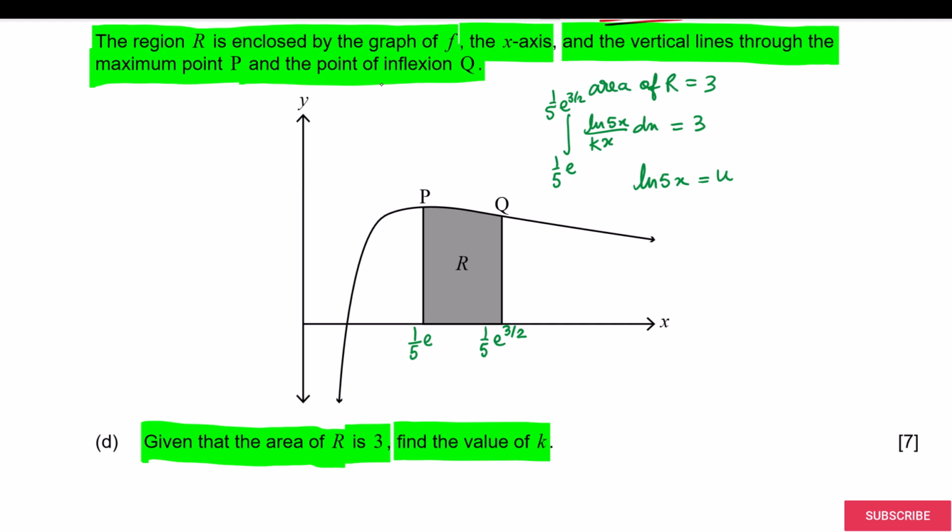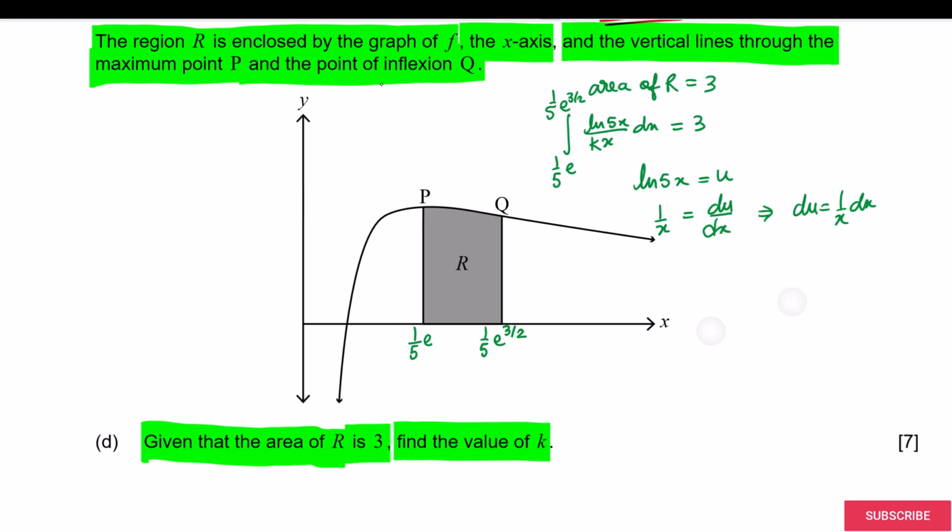If we take this as u, we'll get 1 over x, because the differentiation of ln 5x is 1 over 5x into 5, so basically 1 over x. This equals du over dx, or we can write for the substitution du as 1 over x dx, and we need to change the limits.